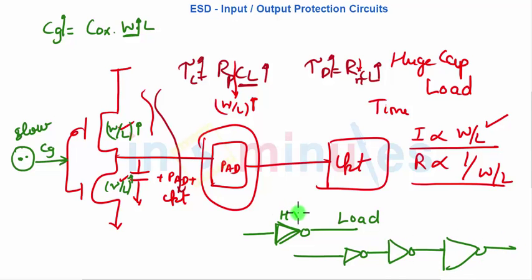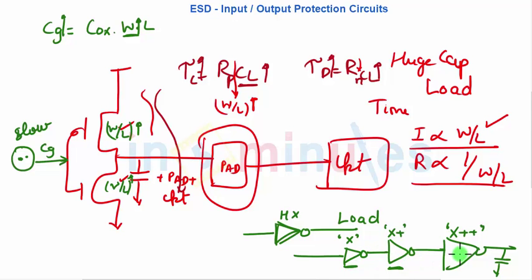So we don't have a huge inverter driving one load. This entire load would be driven by 3 inverters, and each of them, suppose this has W by L of X, this will have X plus, this will have X plus plus. So each one of them is increasing in size. Now X has to drive only X plus, so it will not get very slow.